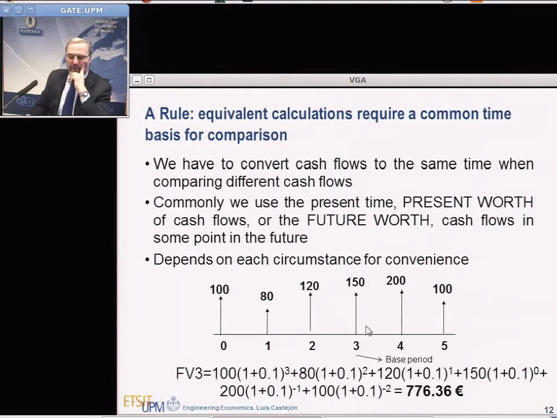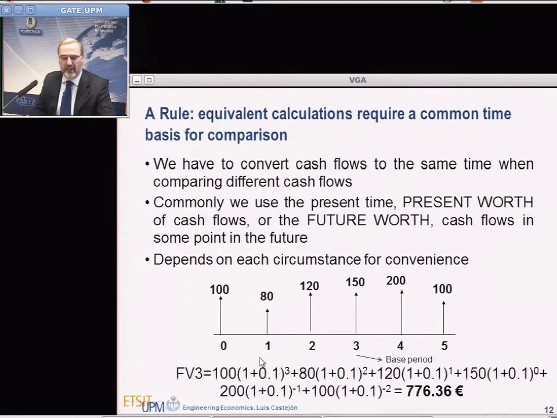What do we do with the third payment? If we are calculating the present value in year 3 of an amount in year 3, the present value is the same. We don't have to move that amount, neither to the past, neither to the future.